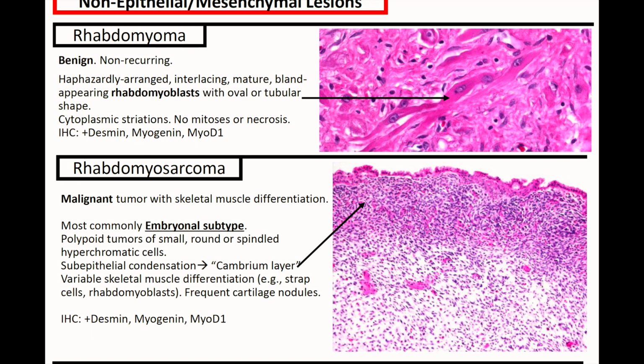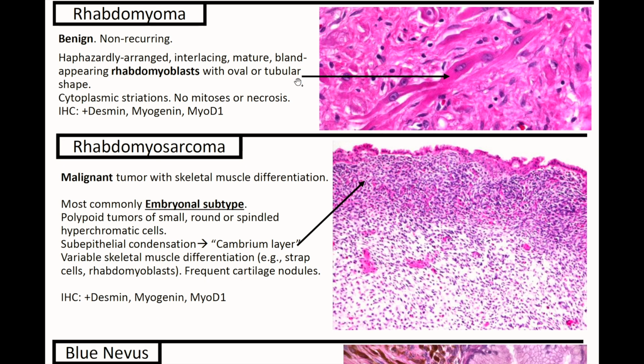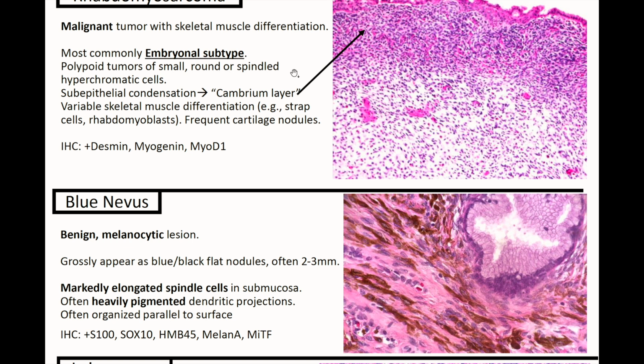So the last category are non-epithelial mesenchymal lesions, the first of which is a rhabdomyoma. These are benign, non-recurring, with haphazardly arranged, interlacing, mature, bland-appearing rhabdomyoblasts with oval or tubular shape. You're going to have cytoplasmic striations with no mitoses or necrosis, and for IHC, they're going to be positive for desmin, myogenin, and MyoD1. Contrast that with rhabdomyosarcoma, which is a malignant tumor with skeletal muscle differentiation.